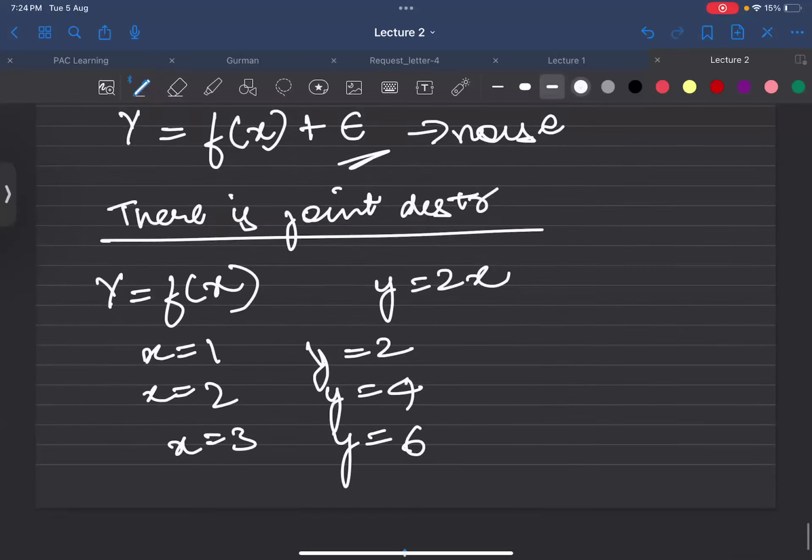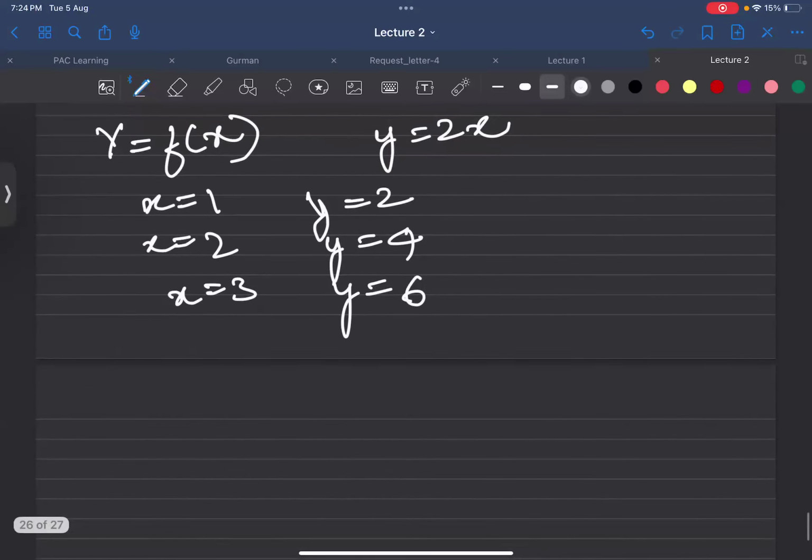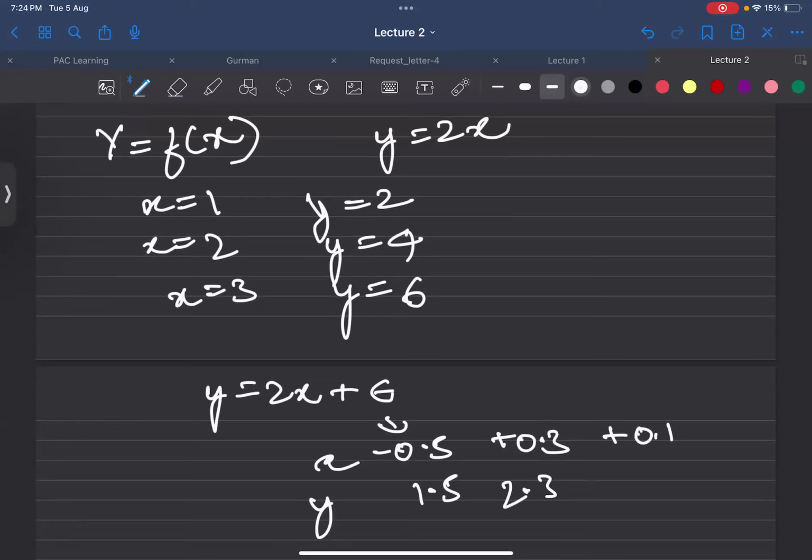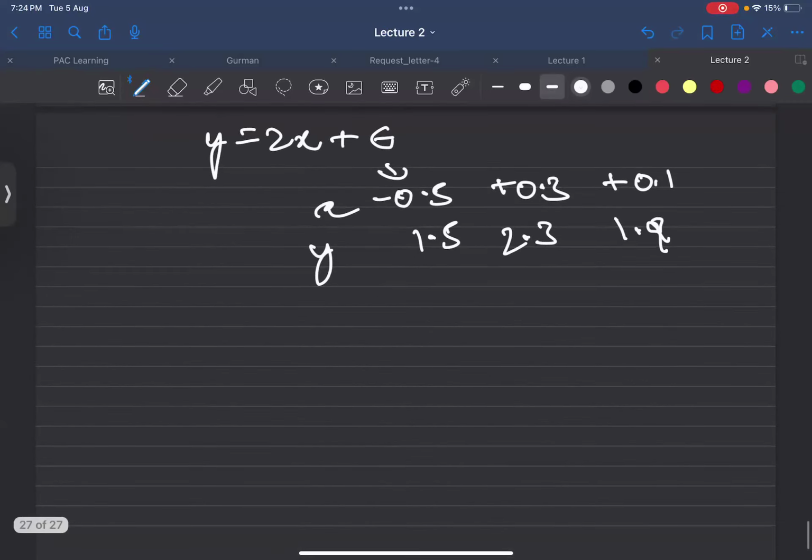There is no randomness. Suppose I add noise to them: y is equal to 2x plus epsilon. This epsilon value can be minus 0.5, plus 0.3, plus 0.1, and y can be 1.5, 2.3, 1.9, something like that.